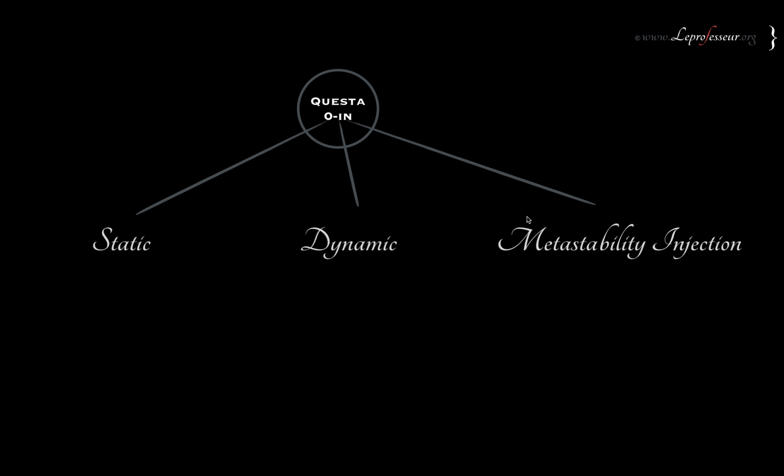It is very similar to the dynamic simulation, except that in metastability injection, the tool would try to inject the metastability in certain parts of the design and then try to understand how it behaves in simulation. So you may capture a bunch of critical errors in that mode.